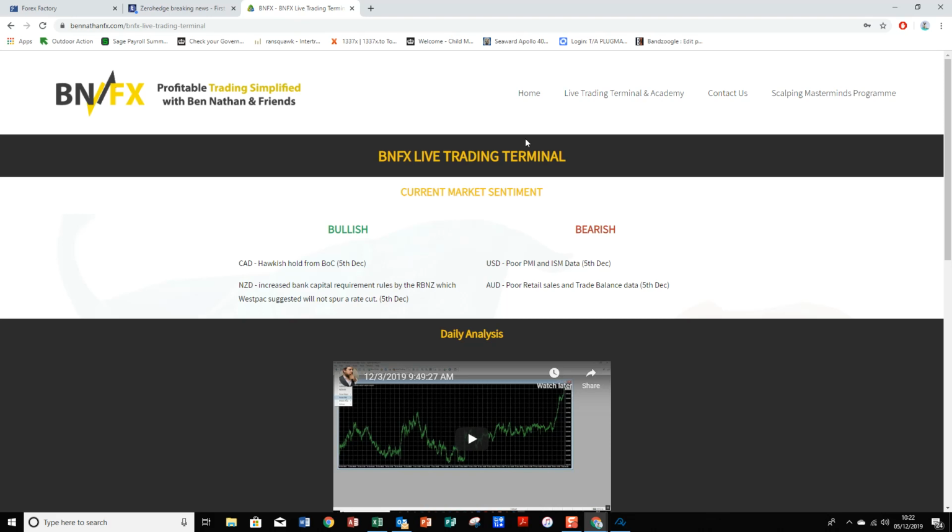So the Canadian dollar from an economic point of view is stronger today, and the US dollar is weaker from an economic point of view. So an investor approach would be to buy the Canadian dollar because it's bullish, and sell something a bit more bearish. So in this case, you'd have the US dollar.